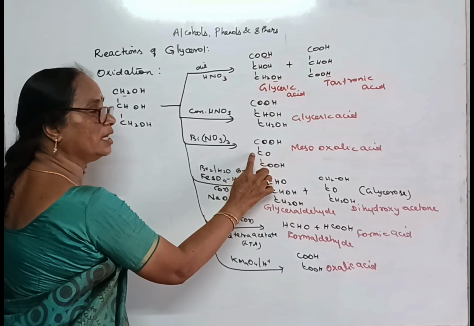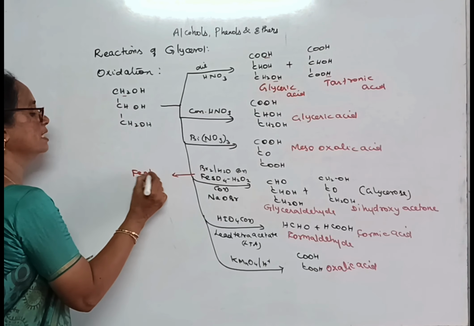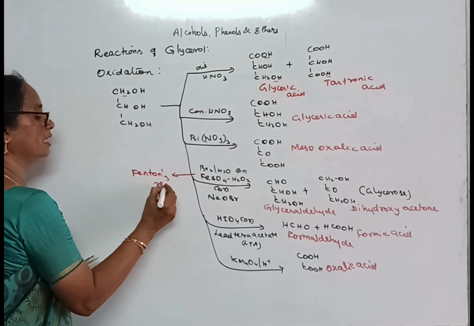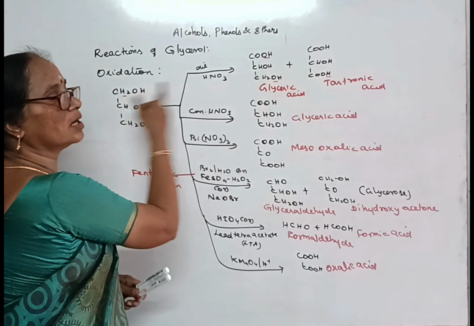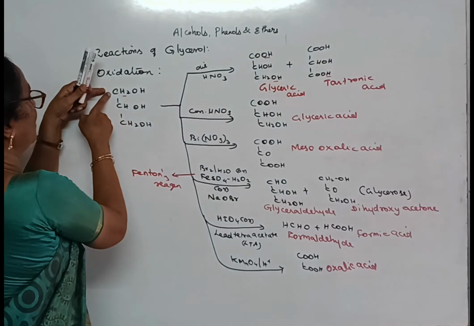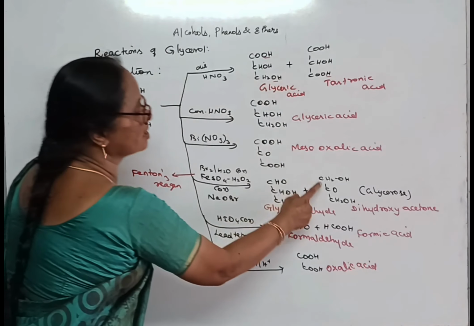But with bromine water or sodium hypobromite or Fenton's reagent, FeSO4 and H2O2, which is said to be Fenton's reagent, when any one of these is used, either the primary alcohol or the secondary alcohol will be oxidized. If primary alcohol is oxidized, aldehyde. If secondary alcohol is oxidized, ketone.